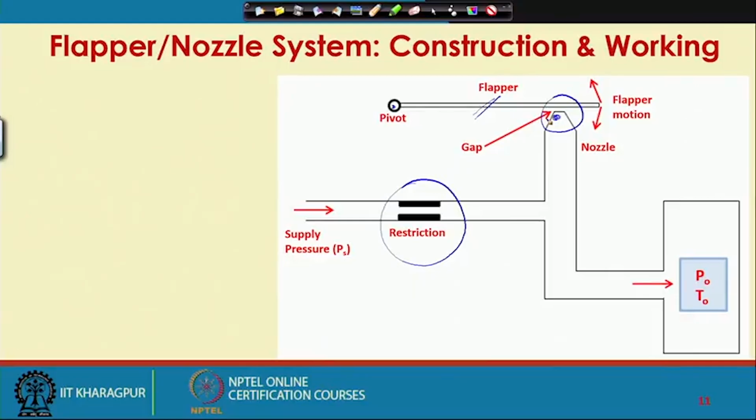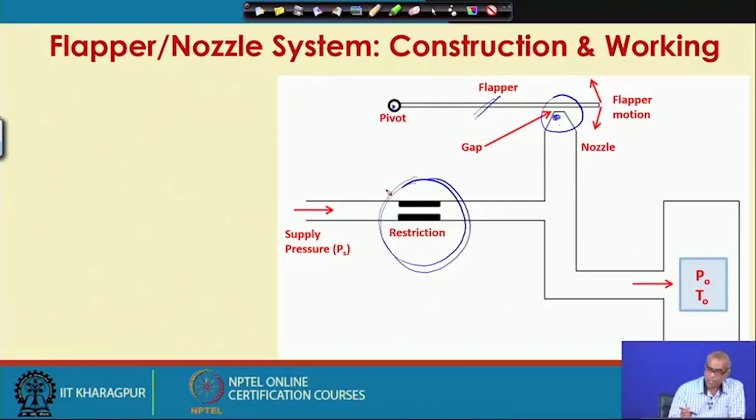The gap between the flapper and nozzle determines the restriction here. This restriction is fixed. So, if I supply an air or some fluid, most commonly used fluid is air, let us say I supply air with pressure Ps.